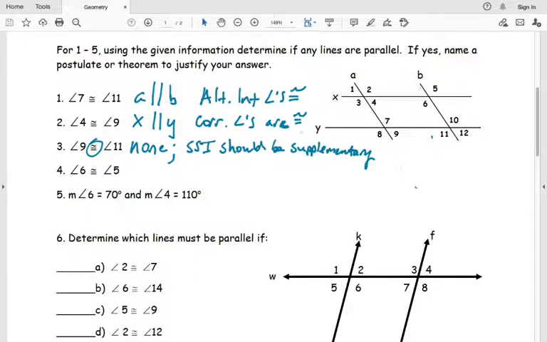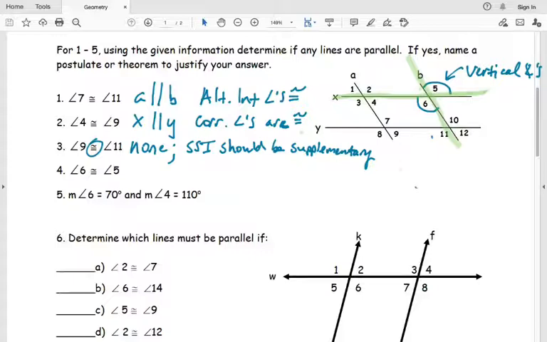Okay, next we have angles 6 and 5. Angles 6 and 5 are formed by this line and this line. It's not formed by 3 different lines. You don't have 2 possible parallel lines and a transversal. These are considered vertical angles, and vertical angles are always congruent. They won't determine if lines are parallel or not.